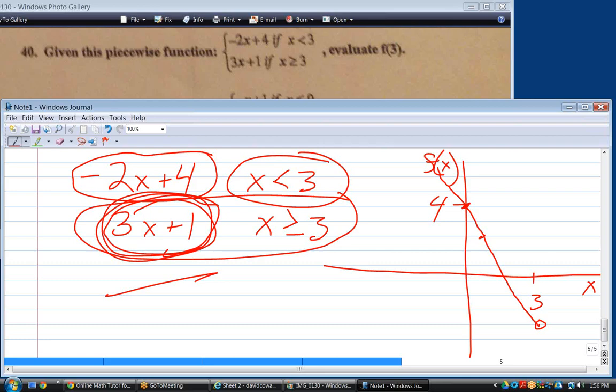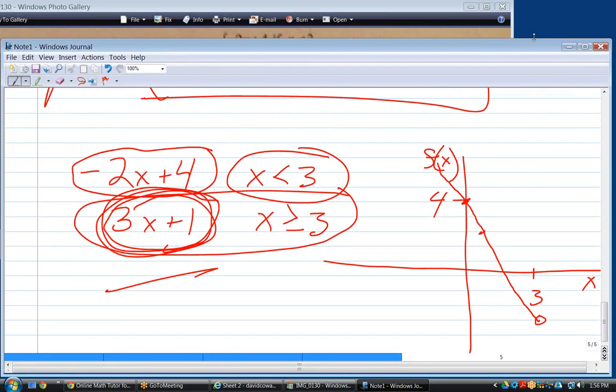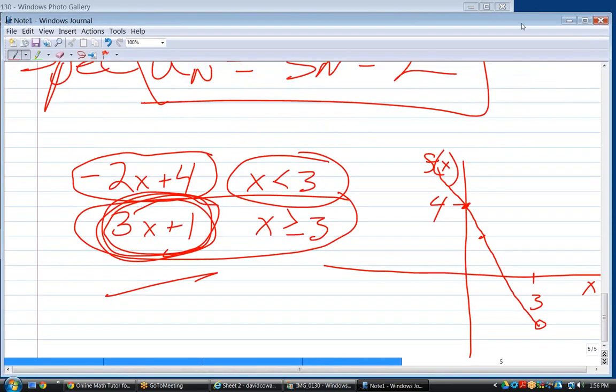So when x is exactly equal to 3, where do I start? Plug in 3 for x in this bottom function. What do you get? 9. Try again. What's 3x plus 1 when x is 3? That's 10.